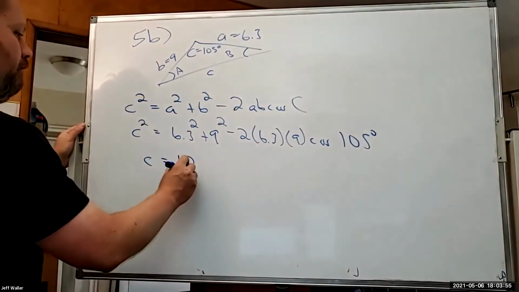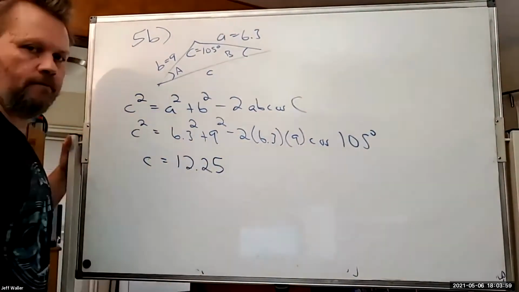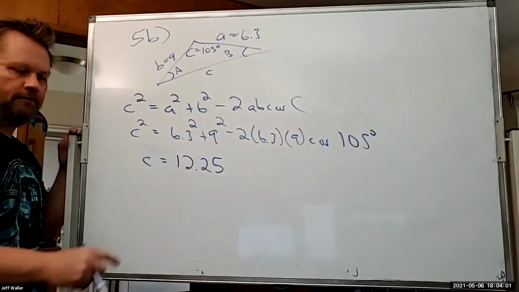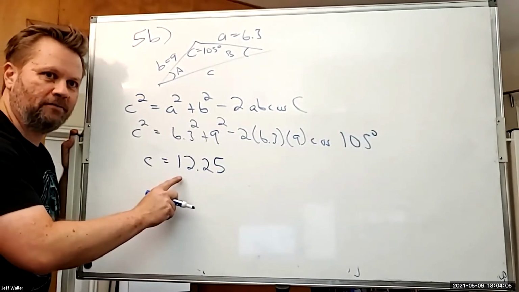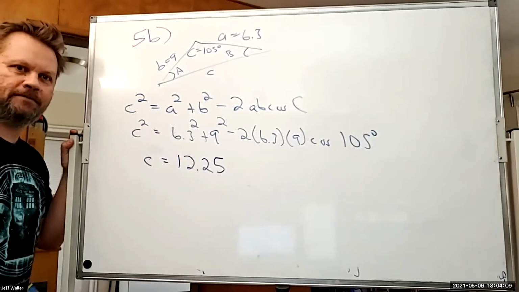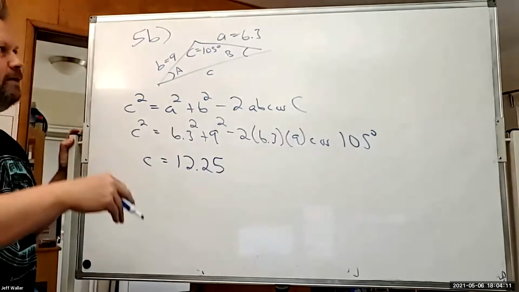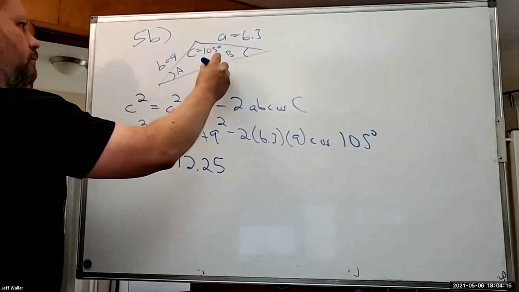So I get 12.25. Okay. Now how am I going to get the rest of it? What do I still not know?